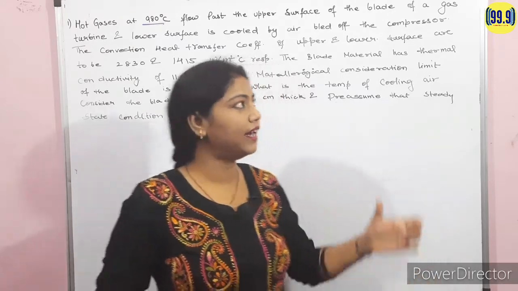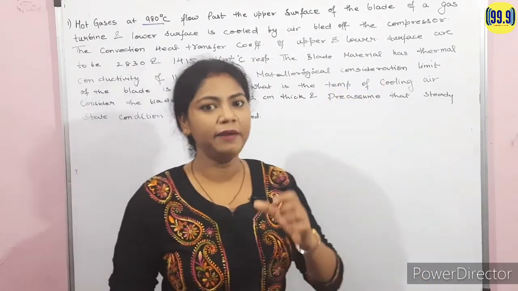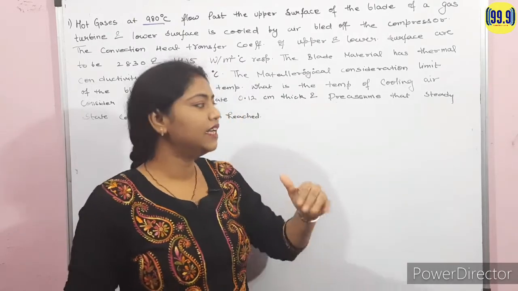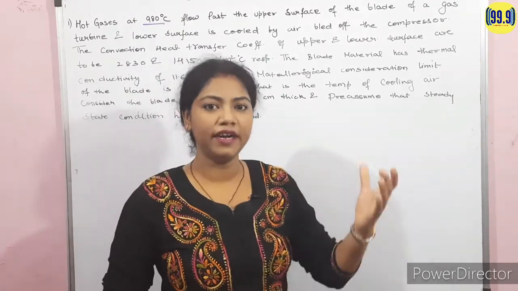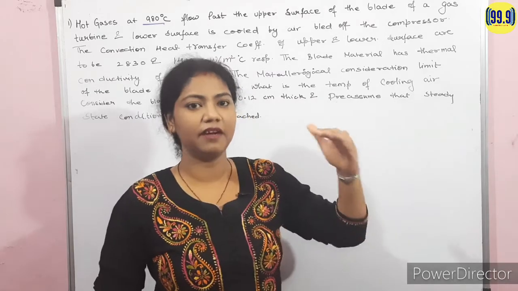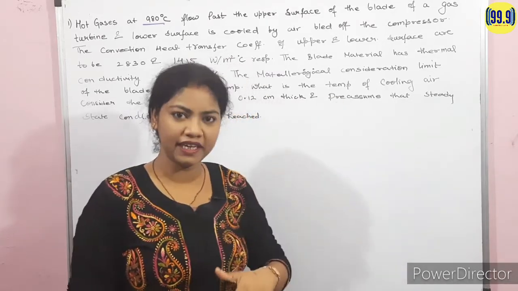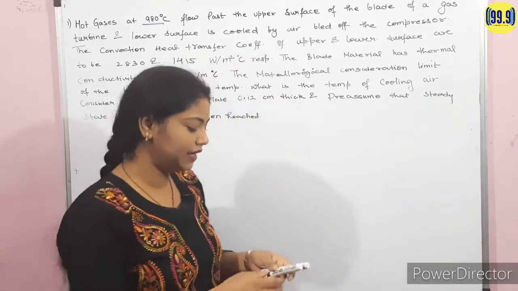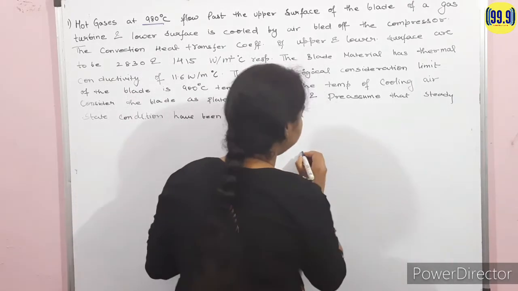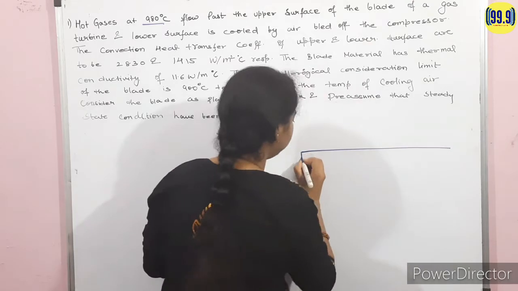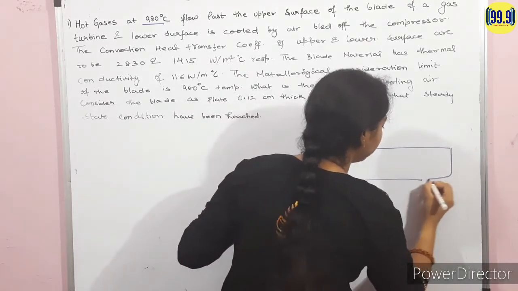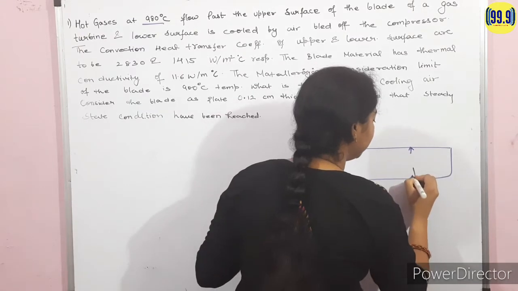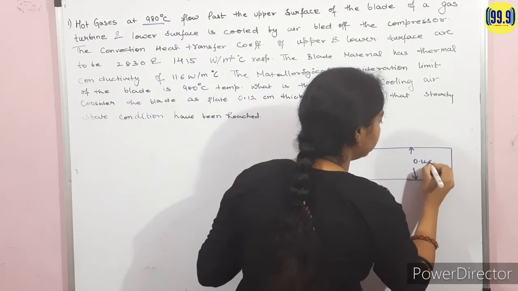As we know, according to the question, the turbine blade is in contact with two different types of air. First, it is in contact with the hot air at the upper section of the turbine blade, and the lower section is in contact with the cooled air. So let's draw the diagram of the turbine blade. Suppose this is the turbine blade and its thickness is given as 0.12 centimeter.